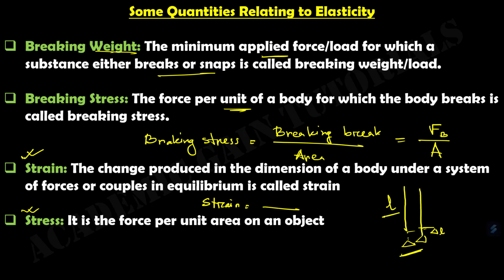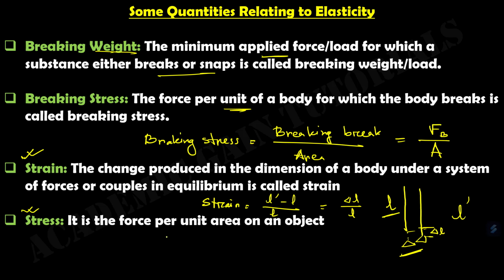Suppose this is length L, and after del L increase, the changed length is L prime. So strain equals L prime minus L divided by the original length L, or del L by L. This is the formula of strain.